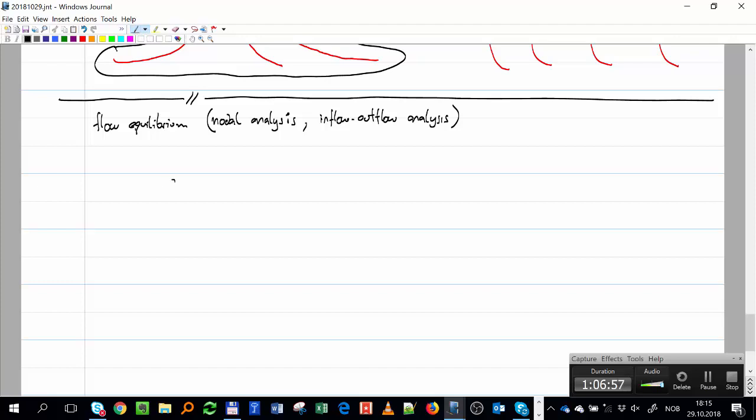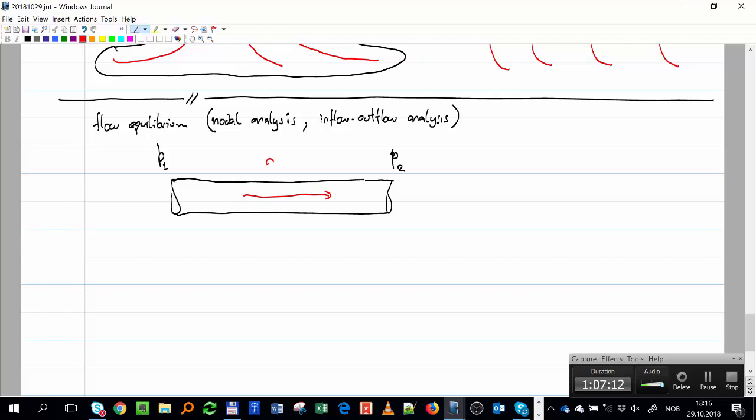Something very simple. Just take a horizontal pipe of certain length, and let's call this point P1. Let's call this point P2. The flow is going in this direction, and you have a certain Q, a certain rate going through the pipe. All of you had a course in fluid mechanics, right? Maybe a long time ago, but you remember something.